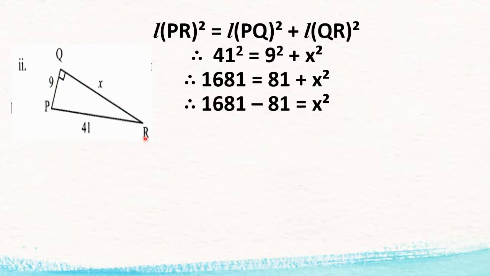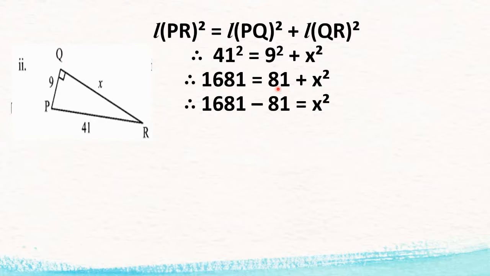Therefore 41 square is equal to 9 square plus x square. So we will find out the square of 41, that is 1681, is equal to 9 square is 81, 81 plus x square.